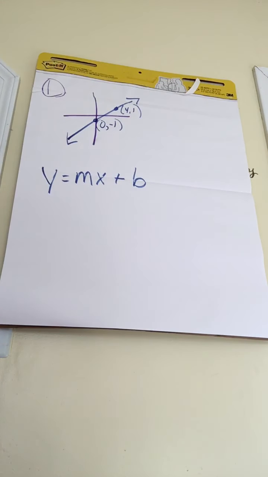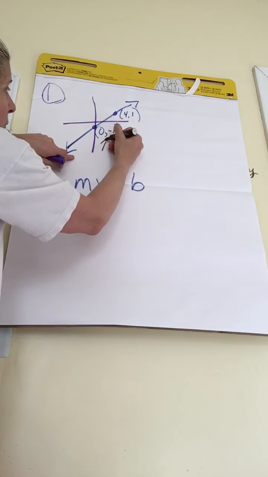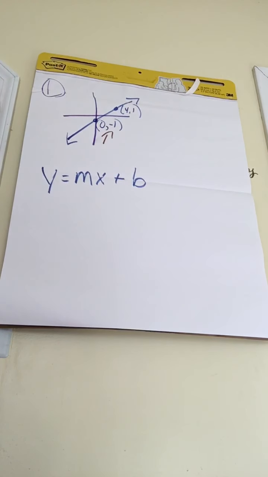I like to check, do I have any coordinates listed that have 0 as the x? Thankfully, we do. And that's (0, -1). That automatically tells me that, wow, there's my y-intercept. Okay, so I already know my y-intercept.